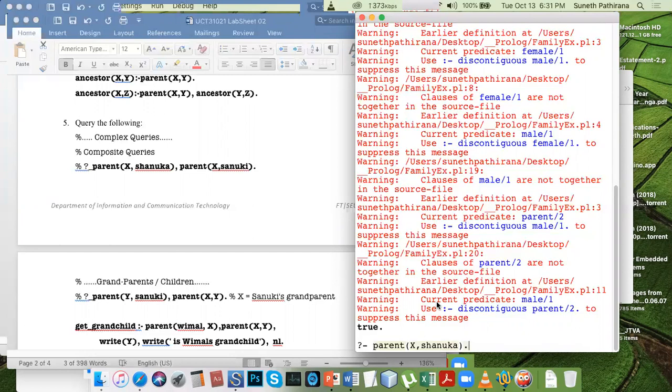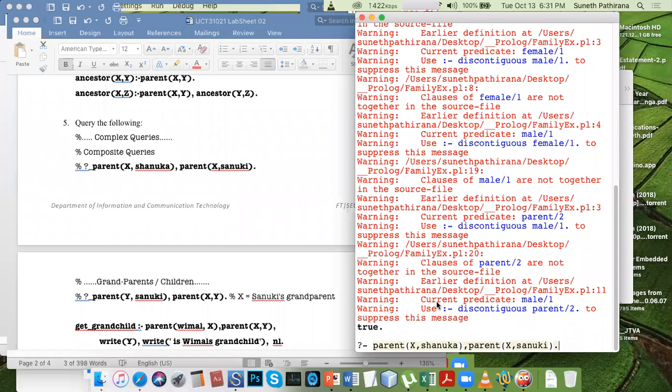There will be two matching answers. But rather than just finishing this query, we introduce another condition where the same X is going to be a parent of Sanuki as well. Okay, parent of Sanuki as well.